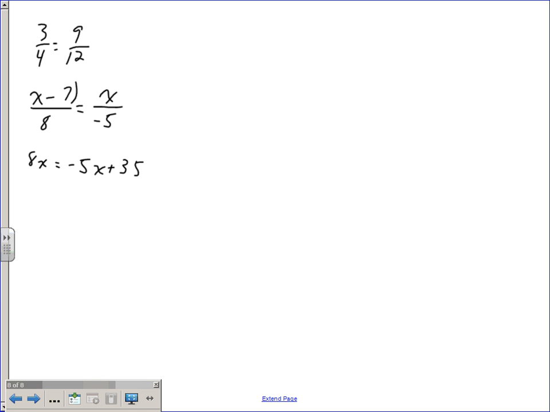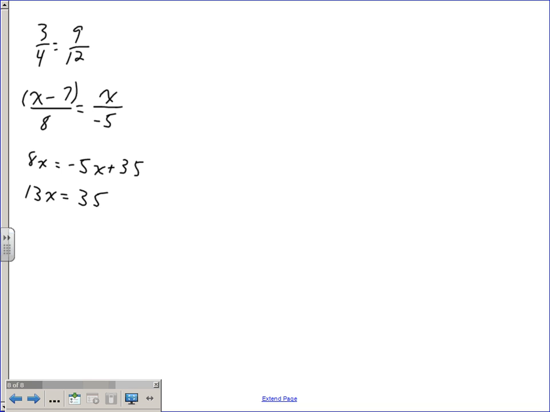By the way, when you do this, it's a good idea to put parentheses so that we're not writing negative 35. Adding 5x. But I'm not just doing this to show off. This is part of your assignment too.